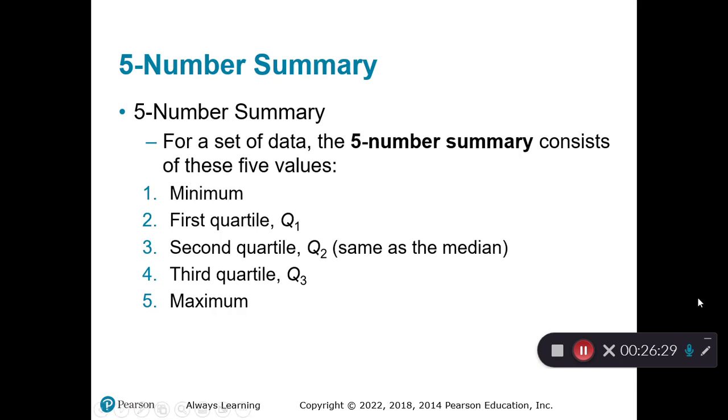If we were to calculate these 5 numbers and then use them as a group, we can actually make a lot of conclusions about what's going on with the data set. It gives us a measure of center, it gives us a measure of spread, it gives us a sense of where there might be possible outliers, and it also can give us a sense of shape. So these 5-number summaries actually are very useful because they can shed light on many of the characteristics that we want to know about for a numerical set of data.